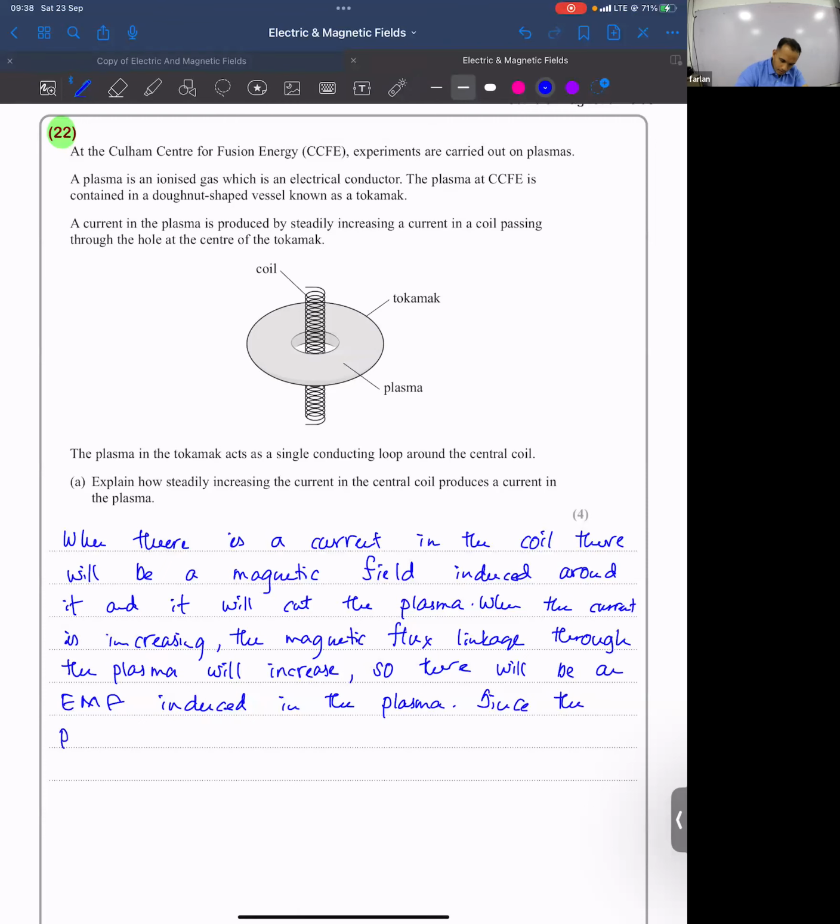Since the plasma is a closed circuit, there will be a current in the plasma. Okay.